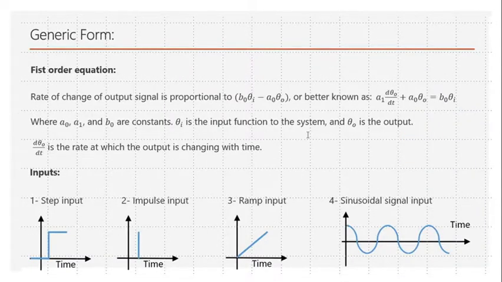So by looking at these three examples, we are getting to a generic form. I have a link where I describe that generic form, but before we move to that video that I have, here we are looking at different inputs that can be given to a system.